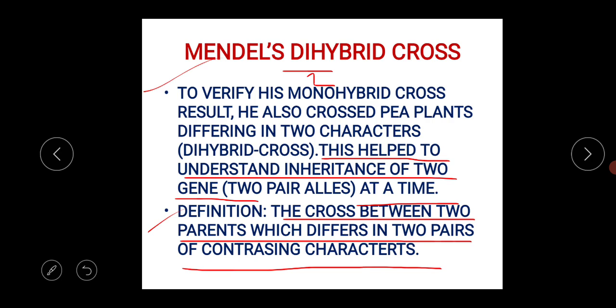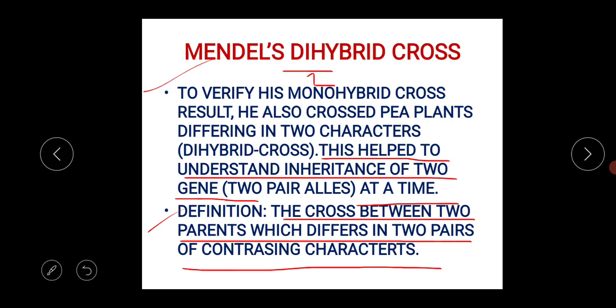After this experiment, it was found that inheritance of one pair of alleles does not interfere with the inheritance of the other pair of alleles. What is the meaning of this? During gamete formation, the parents give 50% and 50% of the chromosomes, genes, DNA and alleles respectively; the father gives 50% and the mother gives 50%.